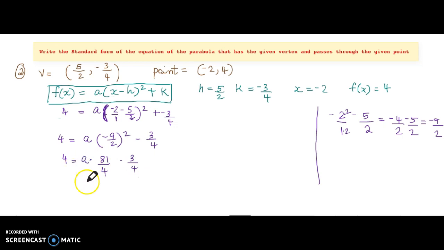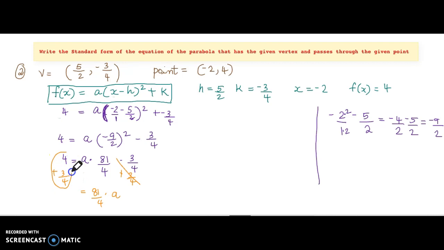So to solve for a, we've got to cancel the negative 3 over 4 from both sides. I'm going to add 3 over 4 on both sides, and they cancel, and now I'm going to write the 81 over 4 times a first. It doesn't matter if I flip the order in which they are written.